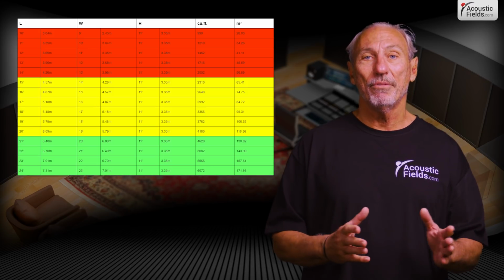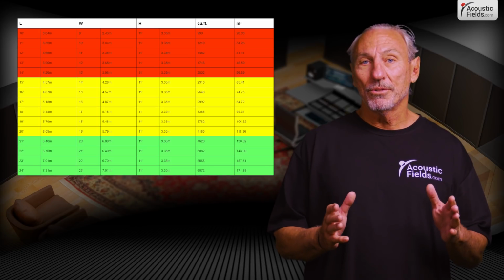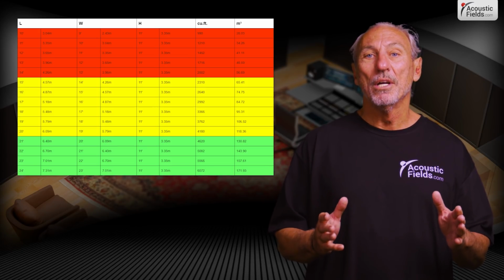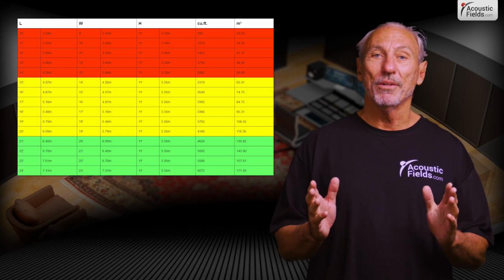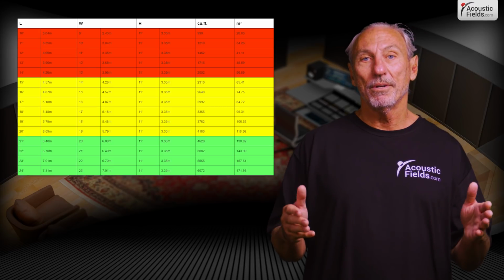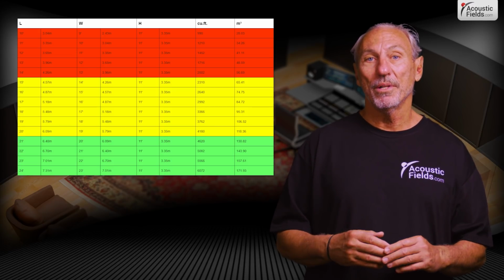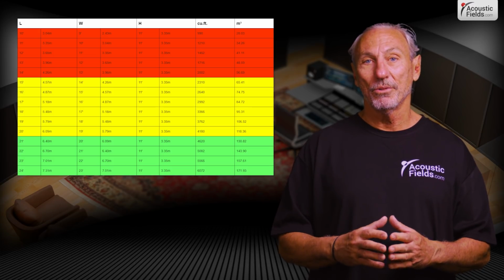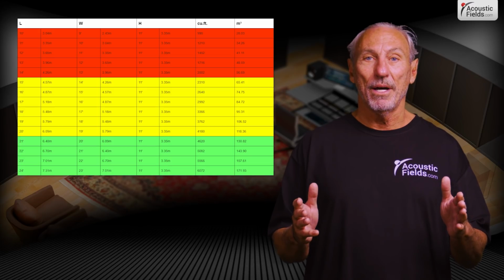So if you can, find another room if your room falls in the red zone. The yellow zone gives us a little bit more square footage, so we can treat the low frequency issues. And the green is ideal. The beautiful thing about the green zone is we have enough size and volume almost for any usage, and more importantly, enough space to treat everything. So the bottom line here is all about usage, size, and volume.